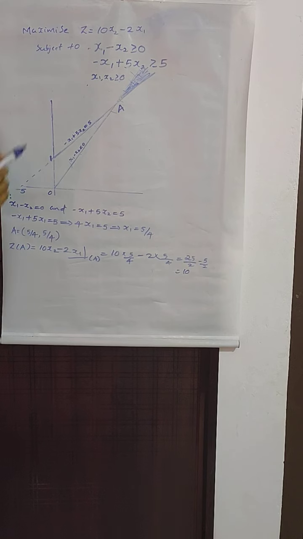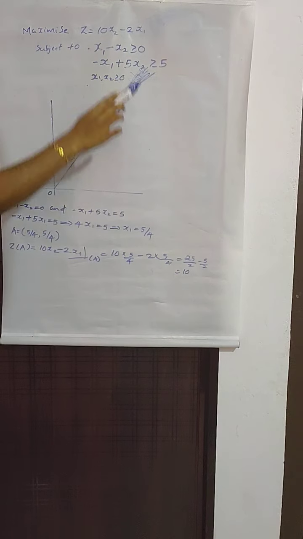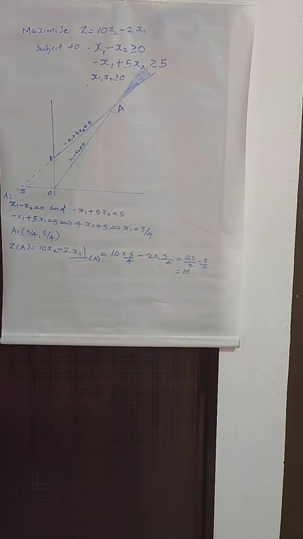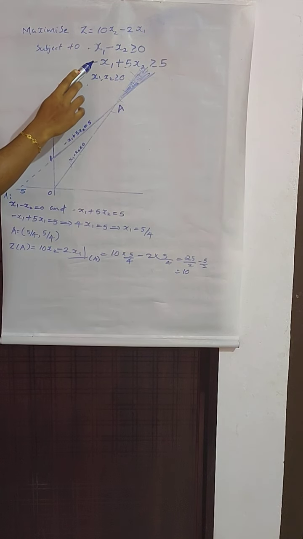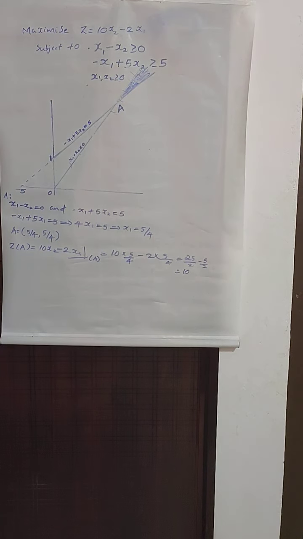Next, to draw the line minus x1 plus 5x2 equal to 5, we first consider x1 equal to 0. Then we get 5x2 equal to 5 and x2 equal to 1.